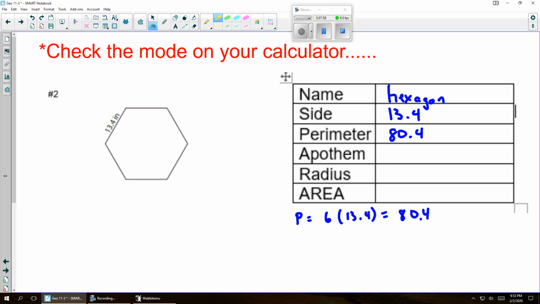Don't trust me on it. Use your calculator. Figure it out yourself. In fact, I'll just pause and let you find the apothem. If you've forgotten the formula, it's on the inside back cover of your notebook there, the formula for the apothem.